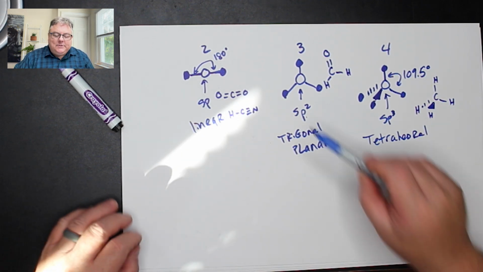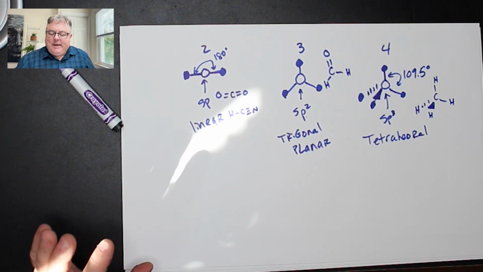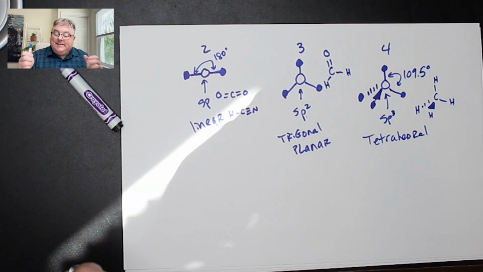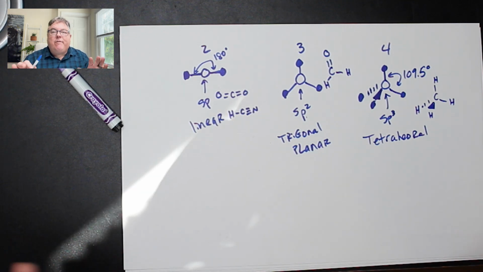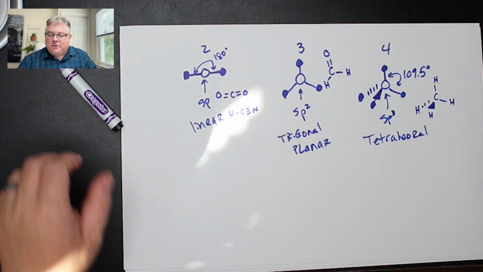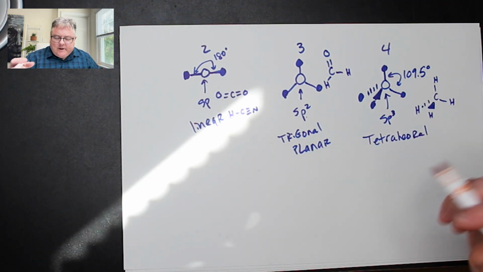Now sometimes all three of these things or all four of these things might not all be atoms, like a hard atom. Instead, it might be an invisible, fluffy pair of electrons. So let's give you an example of that.